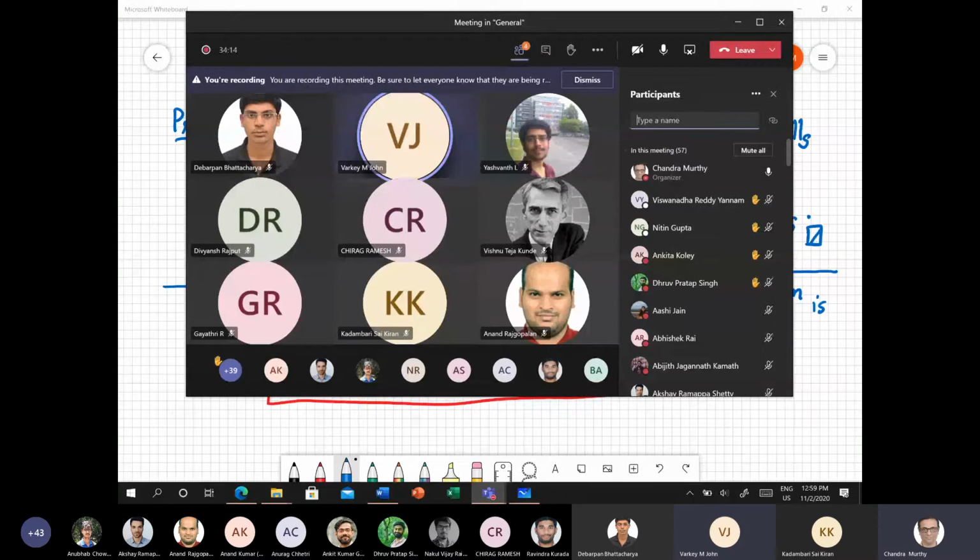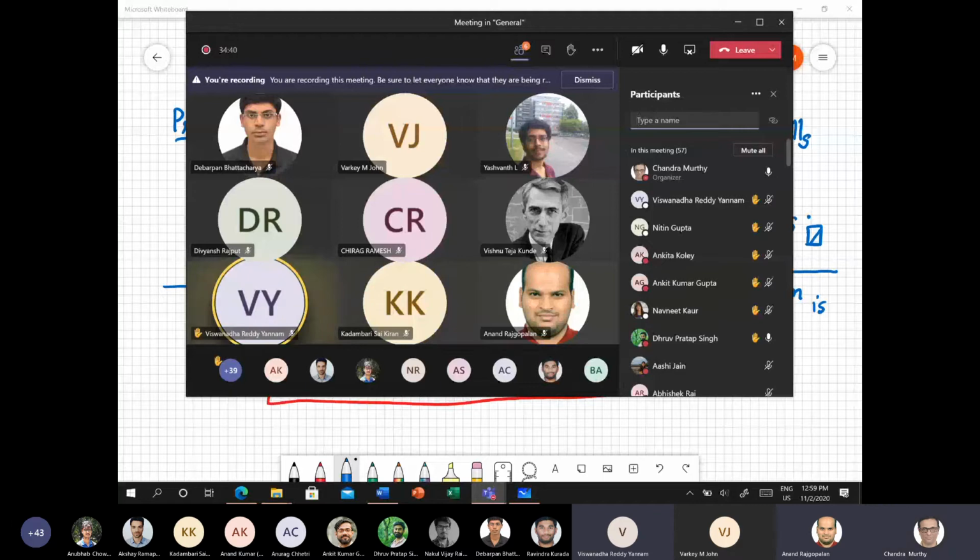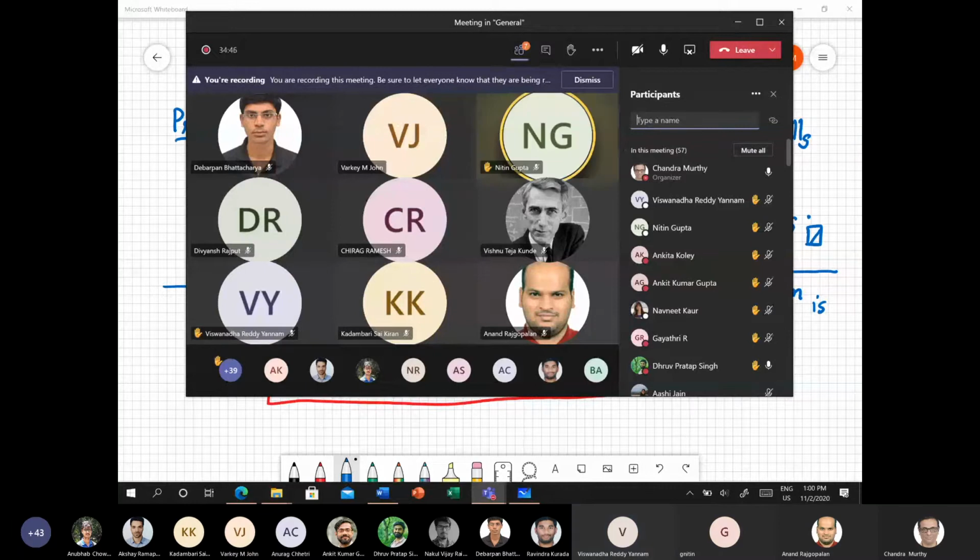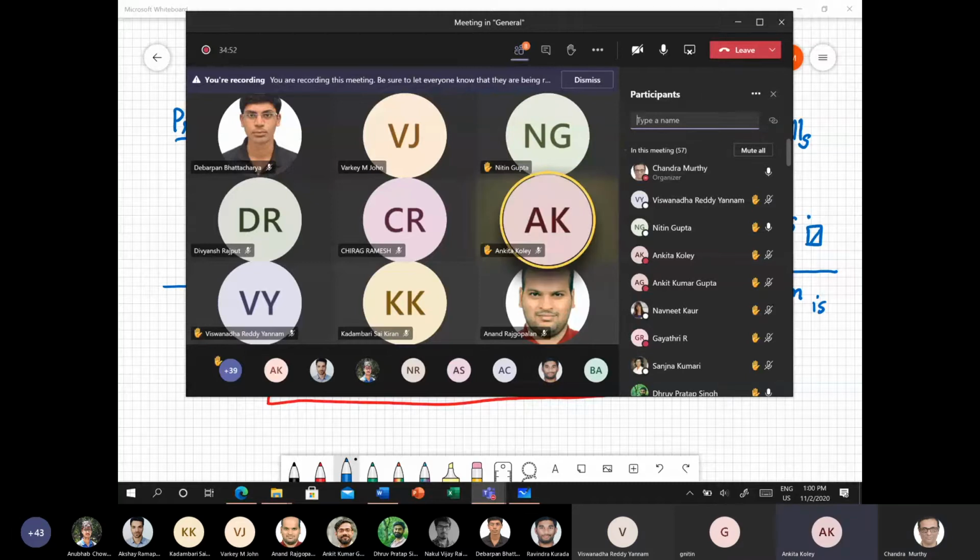Totally new concept. Okay, I see several hands up, so I'll very quickly call out. Vishwandhai Reddy Yannam. Sir, it's a new concept. Okay. Nitin Gupta. New concept for me also. Ankita. New concept for me also. Ankit Kumar.